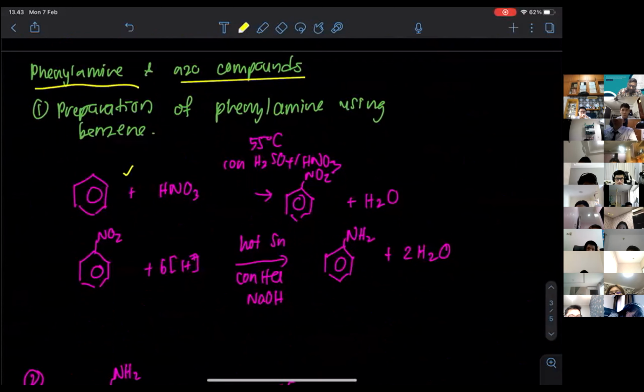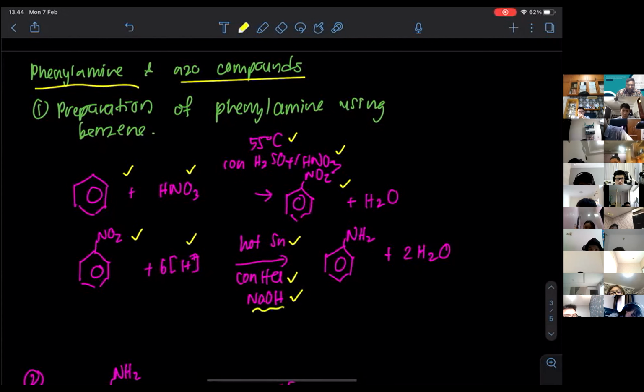You use the benzene, you use the HNO3, you use all these conditions, you are going to get nitrobenzene. Once you have nitrobenzene, you reduce it using hot tin, concentrated HCl and aqueous sodium hydroxide. This one I didn't put in the notes, please include that in your notes. You are going to get phenylamine.